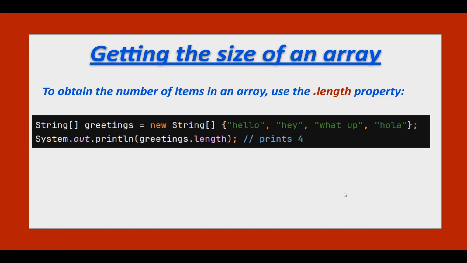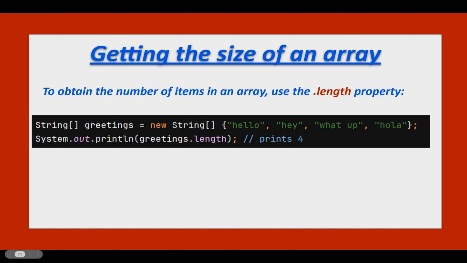If you want to obtain the number of items in an array, you're going to use the .length property. The arrays in Java have a property called .length, which is going to tell you the number of items in the array, and that is also termed the size of the array. So we have pretty much our same array here.